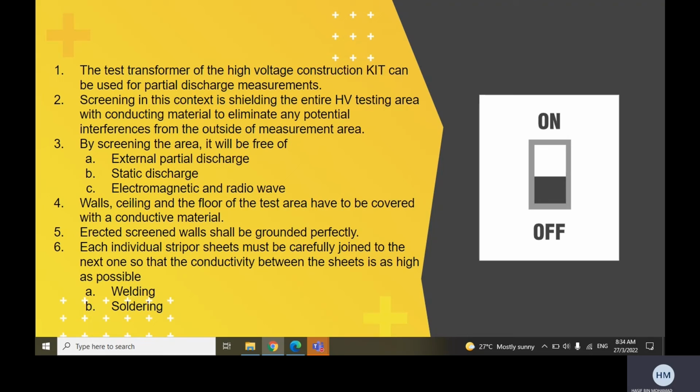Two methods of joining the strippers are welding or soldering, while screws and bolts are not preferable as they will create more resistance and the contact won't be as good as welding and soldering.